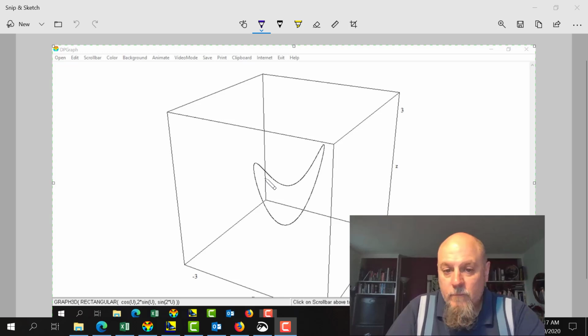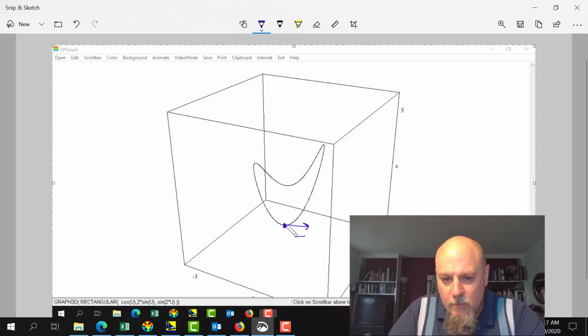As an example on this curve, think about this is our point here, and at that point, the curve bends, but at that point it's going in this direction. So that would be the tangent vector.